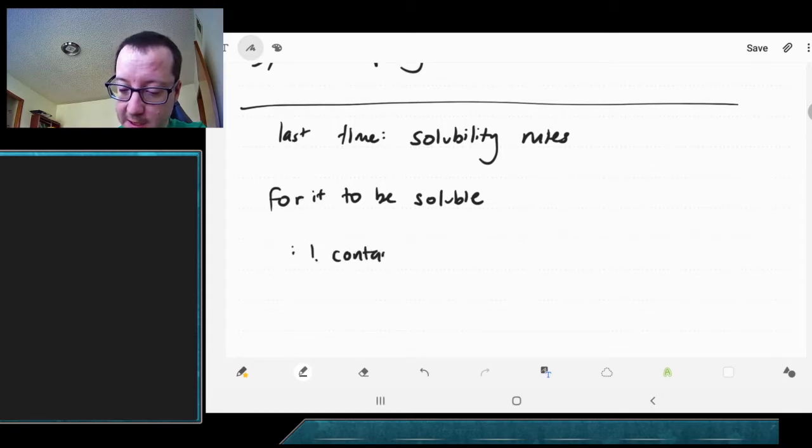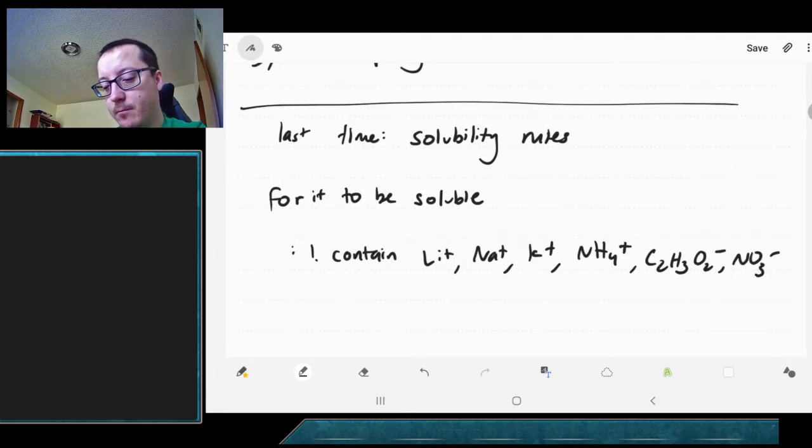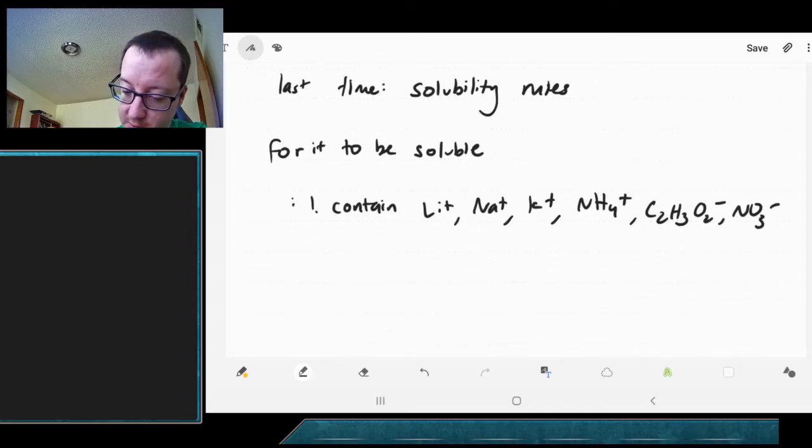Option 1: it needs to contain one of the group 1 metals, ammonium, acetate, or nitrate. So anything with one of those will always be soluble. We don't have to worry about those.